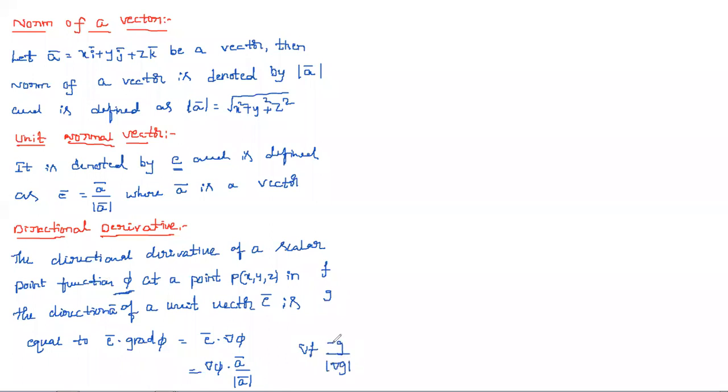If they give one direction as a vector and one scalar point function, then we can apply this. Or f is one surface and g is another surface; in that case also we can apply del f dot del g by modulus del g. If they give two scalars, we can convert into vectors and then calculate. Or if they give one vector and one surface, then you can use this.